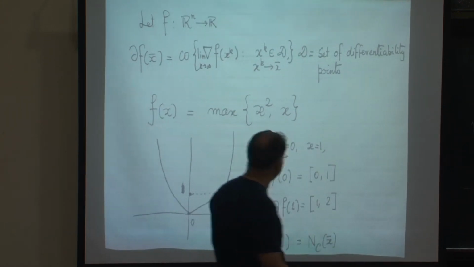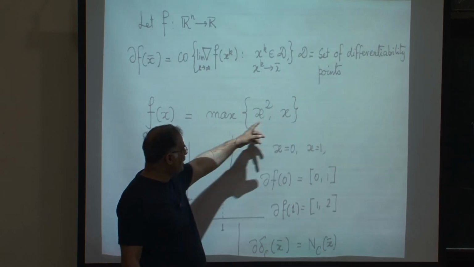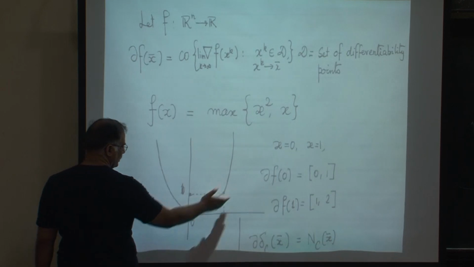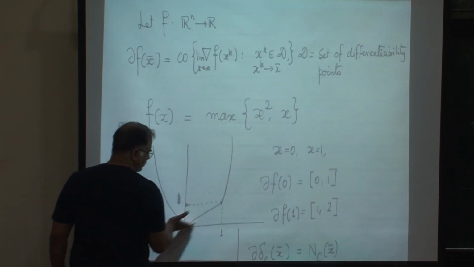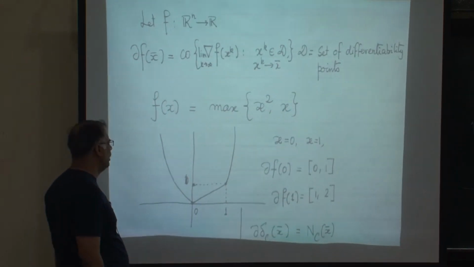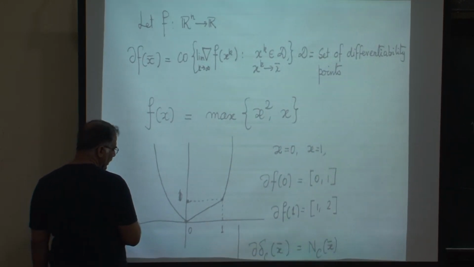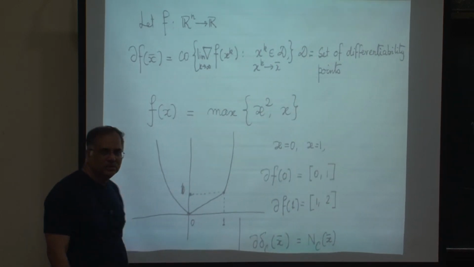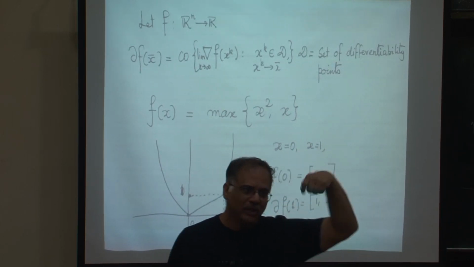If we look at this problem, it is the max of x square and x. Here y equal to x is the line, and this is the graph of x square. When you are coming from the negative side towards 0, x square is non-negative but x is negative, so x square gives the maximum value of the two, the higher one.